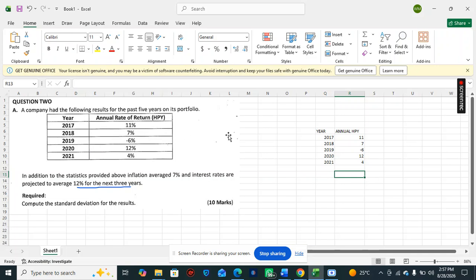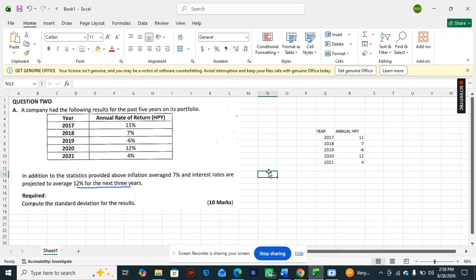So the standard deviation is just telling us how risky this portfolio is. We're just talking about how far our returns deviate from our average return.